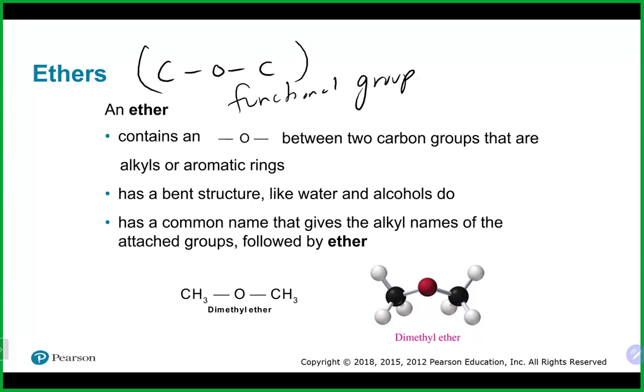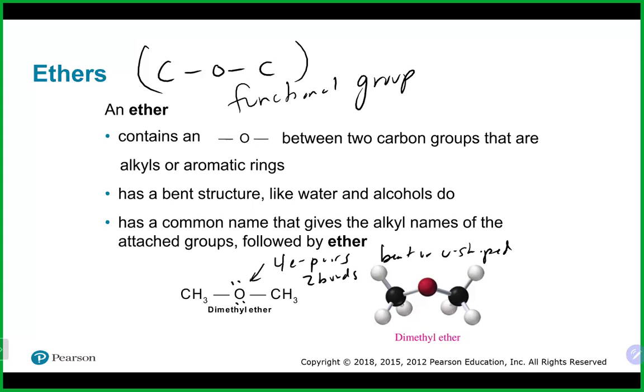They also have a bent structure like alcohols. So if you kind of draw in your lone pairs here, there would be some lone pairs. That guy right there is 4 electron pairs and 2 bonds, and that's going to give you your bent or V-shaped geometry. So it's very similar to the OH group or what we see in water.